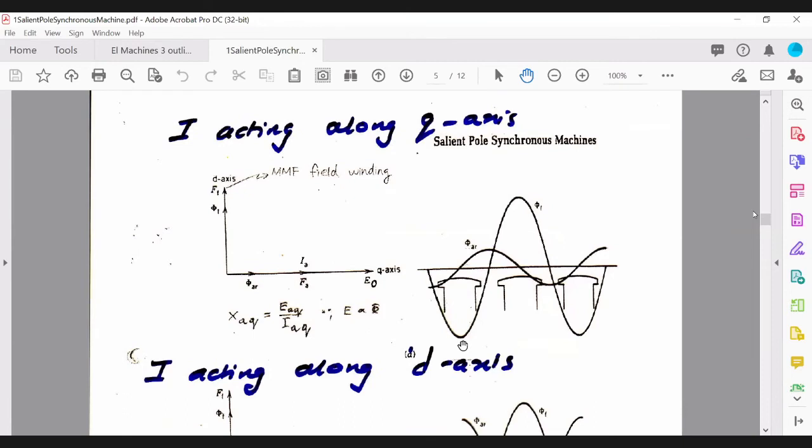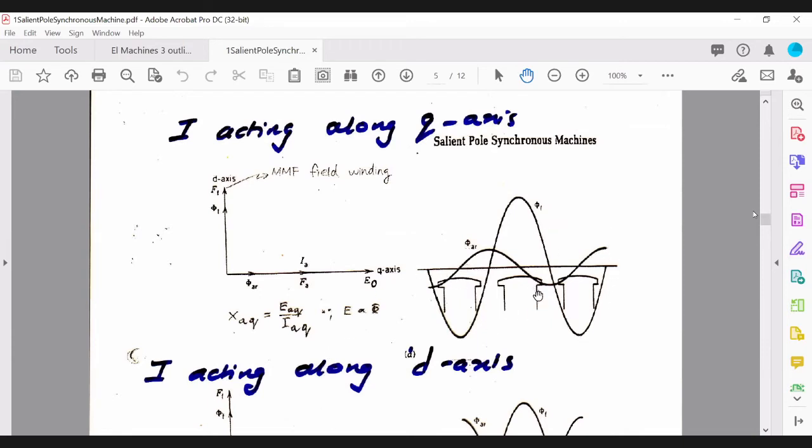We will show how the sinusoidal flux of the field winding and the armature is distributed along the air gap. This is your rotor side and this is the stator side, and they produce two waveforms: one is the field flux and one is the armature reaction.